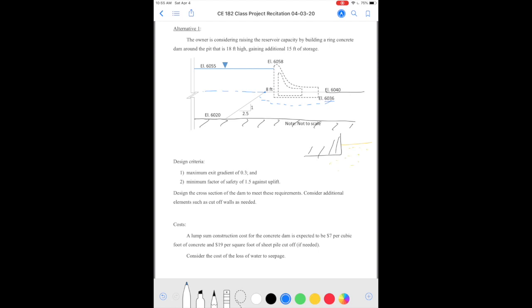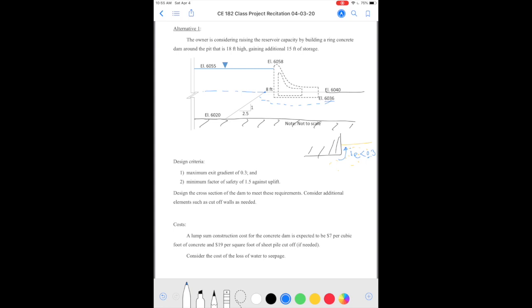When the water comes up, the exit gradient needs to be less than 0.3. Okay? And then it also says that the minimum factor of safety of 1.5 against uplift.